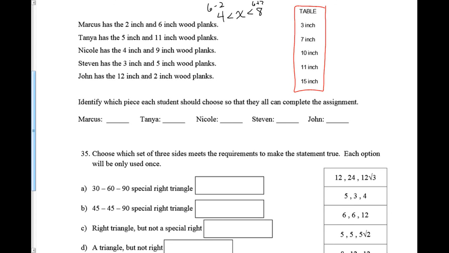So when I go to the table, bigger than 4 and smaller than 8, yes, bigger than 4 and smaller than 8, not smaller than 8. So that tells me that Marcus has to have the 7-inch side, and I can fill that in down here. Moving on to Tanya, I'm going to do the same thing.